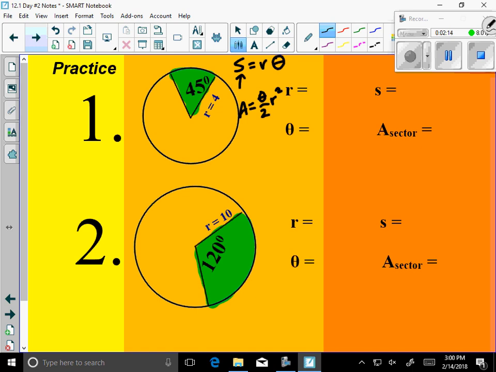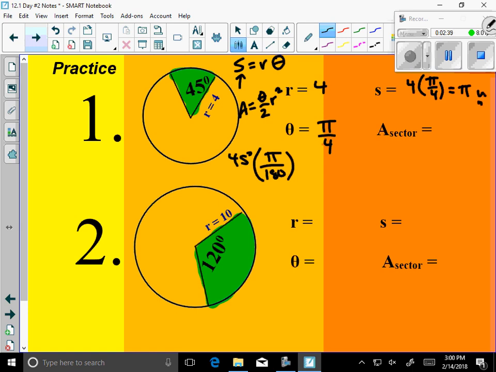So in the circle given, you'll see that r is 4. And if you convert 45 degrees to radians, that'd be pi over 4. Recall that if I wanted 45 degrees converted to radians, I would multiply by pi over 180, because there are pi radians in 180 degrees. So the arc length, S, would be r times theta. Looks like we get pi units.